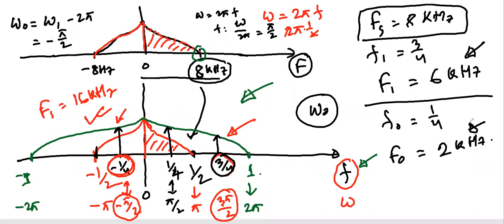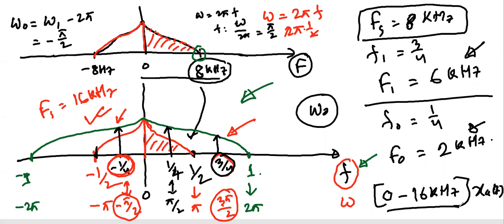Again, if you choose this 8 kilohertz practically for a signal which has a band from 0 to 16 kilohertz, this is the original signal x(t). It's a multiple frequency signal. If you sample it with 8 kilohertz, definitely you know that you are beyond the Nyquist theorem.